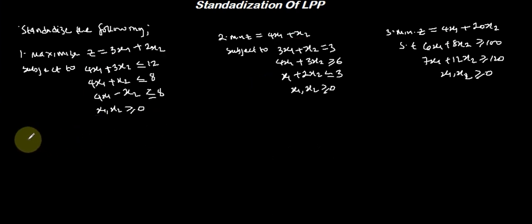Alright, so we are to standardize this LPP, making use of our slack variable, surplus variable, and artificial variable. Now, number 1 here, we are to maximize z equal to 3x1 plus 2x2.